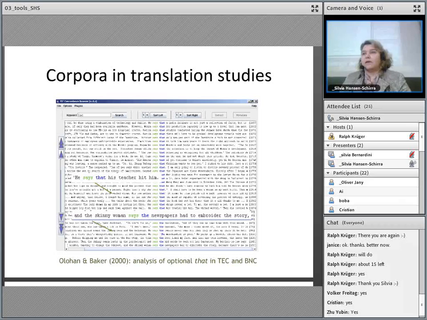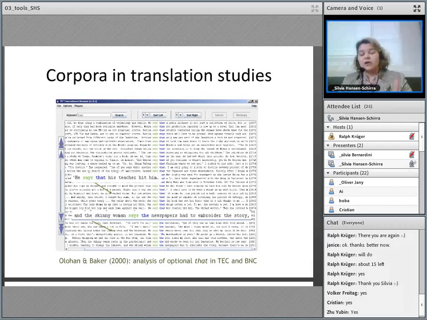Their hypothesis was that the optional "that" is more frequent in translated English text than in non-translated English text, so the translator tends to make text more explicit than original authors do. What did they have to do? They looked for reporting verbs like say, tell, think, and filtered them manually according to the existence of the complementizer "that" or a zero connector.